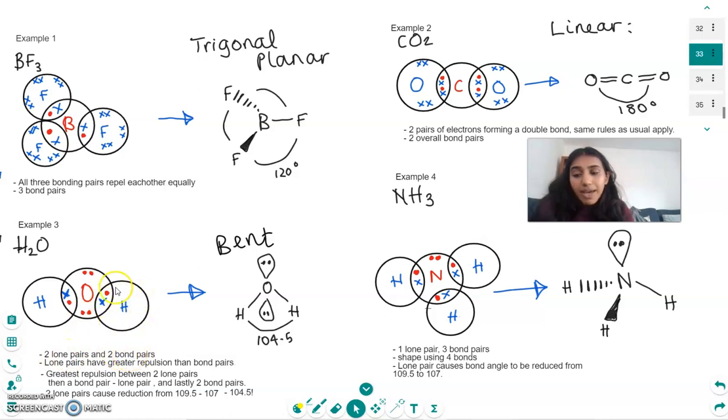So this is our bond pair. This is another bond pair. This is a lone pair. This is a lone pair. Lone pairs have greater repulsion than bond pairs. The greatest repulsion is between 2 lone pairs, and then a bond pair and lone pair, and then lastly 2 bond pairs. So 2 bond pairs together have the least repulsion between them.